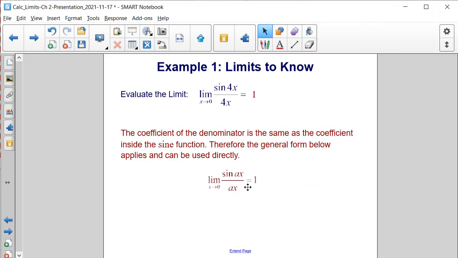And this slide shows us the answer, and indeed it is what we found when we worked this problem out. Because the coefficient of the denominator, right here 4 in front of this x, is the same as the coefficient that shows up in the sine function, we can directly apply the limit rule for sine of a times x divided by a times x and have it be equal to 1.